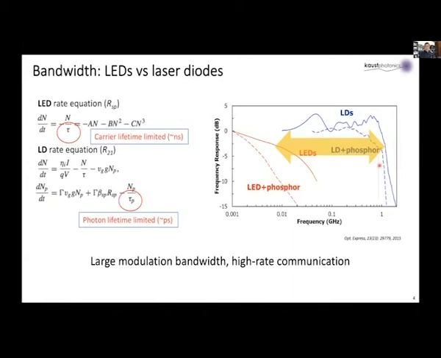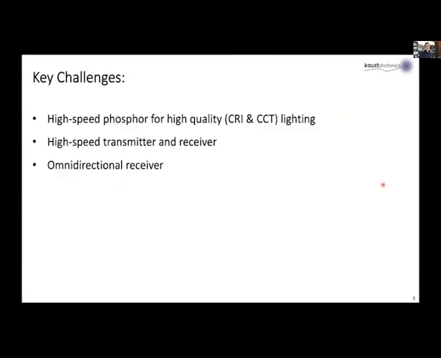A laser can easily be driven to beyond gigahertz bandwidth, and even with a phosphor integrated onto the light bulb, you are still able to get beyond gigahertz of bandwidth.